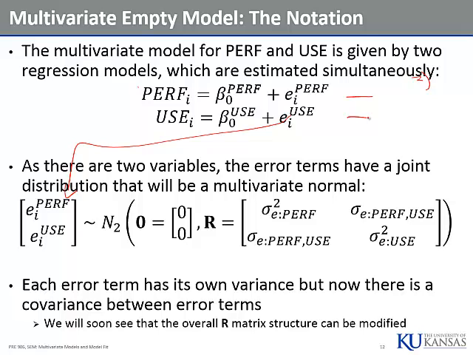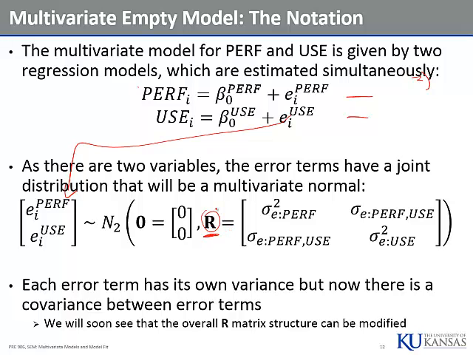We can be off in the performance direction, we can be off in the usefulness direction. And just like in a univariate model, the mean for each of those error terms is fixed to 0. If you remember that matrix algebra lecture, that riveting lecture, that's sarcasm, the bold 0 is the 0 vector. But now, because we have 2 terms, we'll need a covariance matrix.